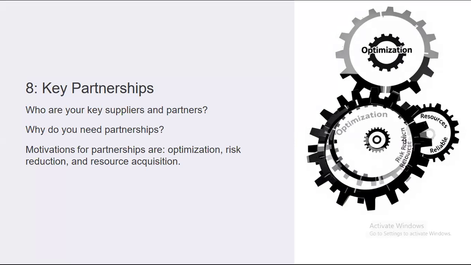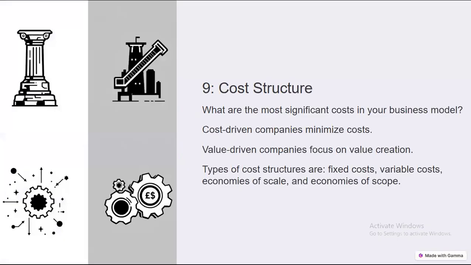And then you should also be able to minimize or reduce risk and resource acquisition, okay? And ensure that these partnerships are well documented, all right? And then the last element in the business model canvas is the cost structure. Here you would consider your most significant costs in the business model, right?